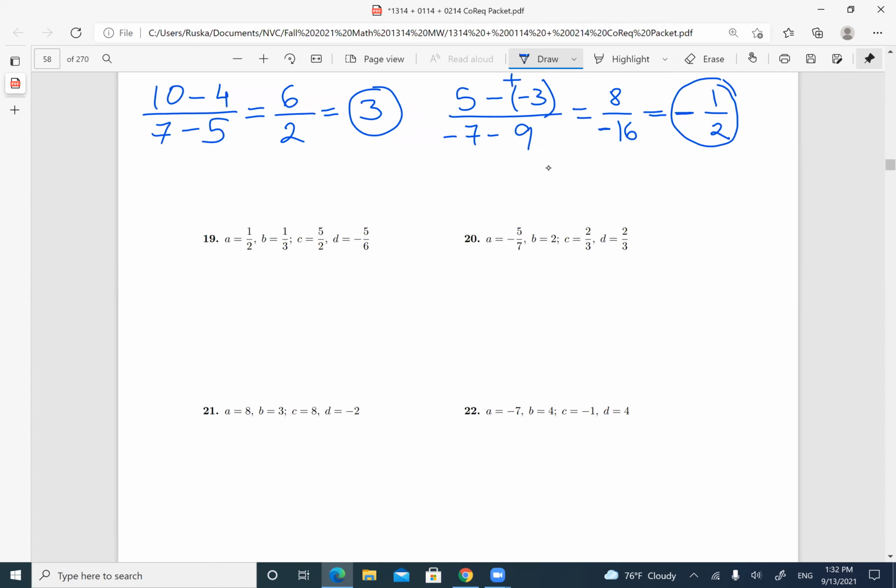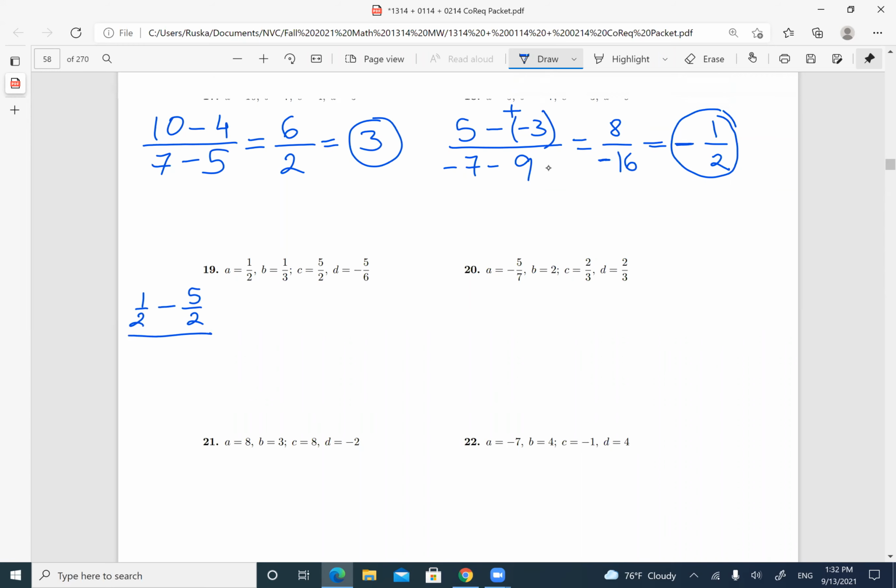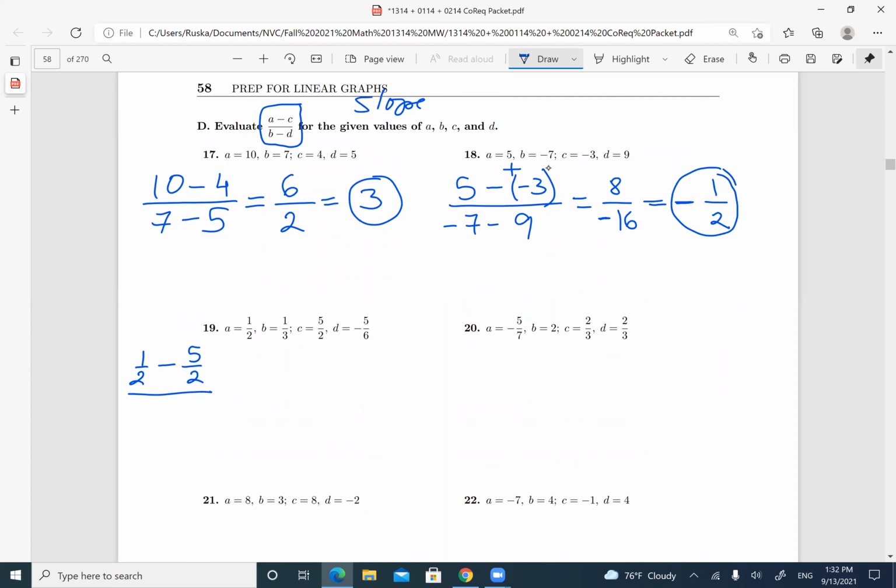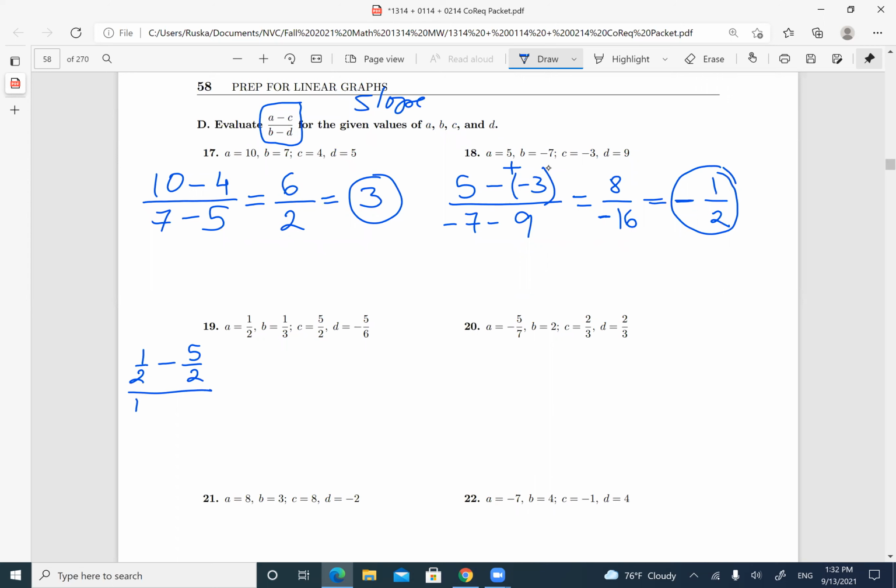Next one, we have fractions. So let's do one of those. So we have A, which is 1/2, minus C, which is 5 over 2. B, is that the formula? A, C, B minus D. Okay, B is 1/3 minus, we have D is negative.